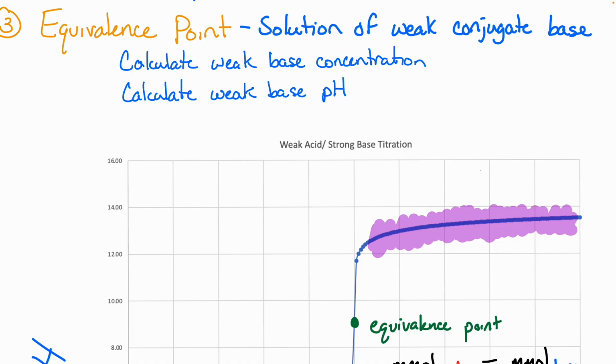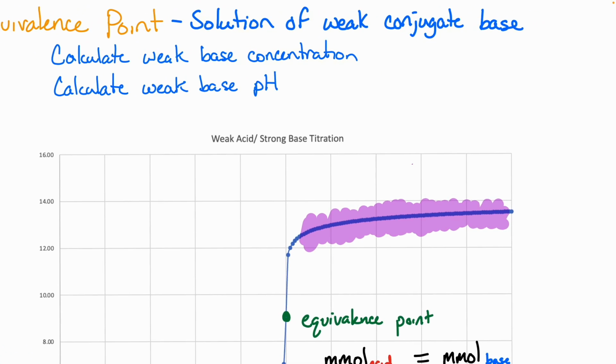All right, remember, we're going to make our lives easier by noting that the millimoles of acid that we had initially are going to equal the millimoles of base added, but more importantly are going to equal the millimoles of weak base at equilibrium.